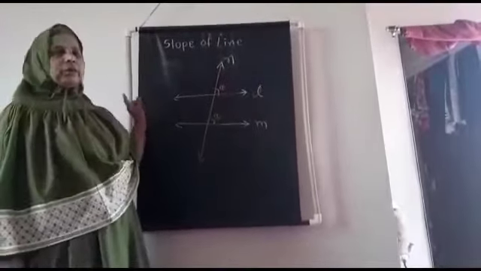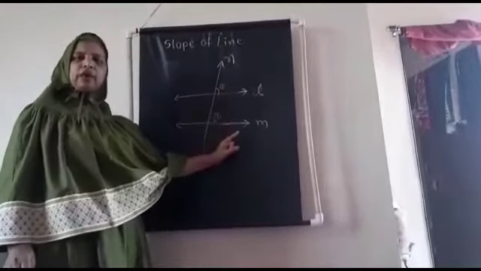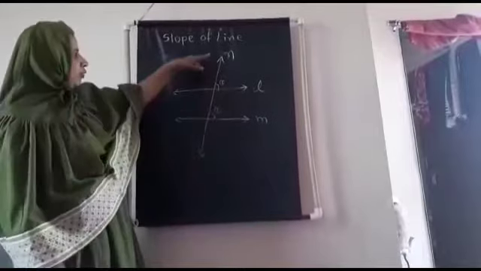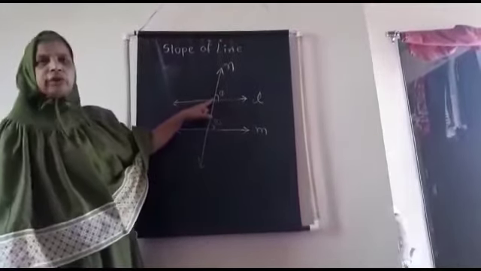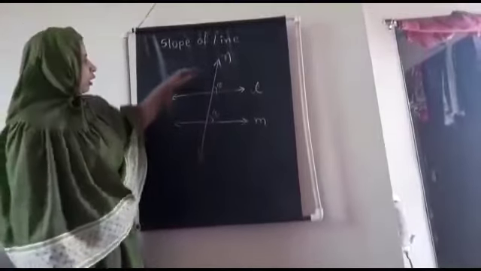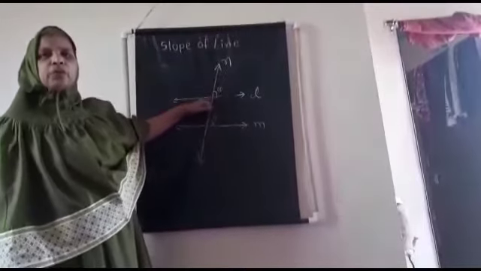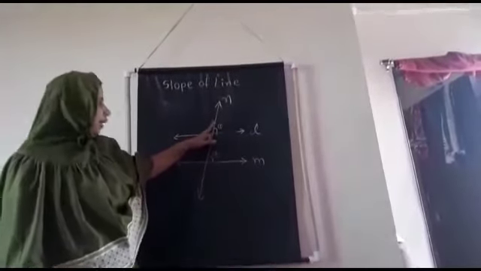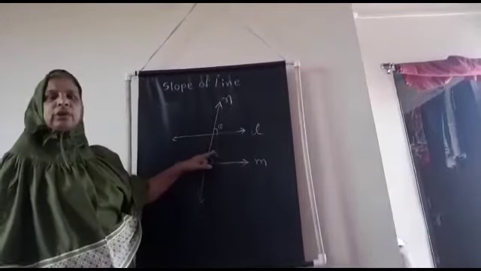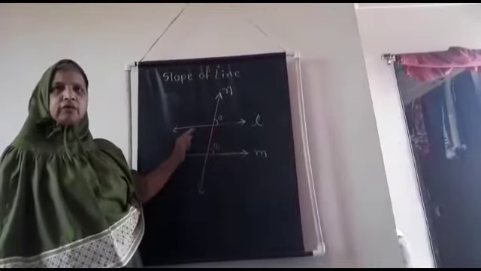Now here three lines are there. Line L and line M are parallel to each other, and line N is a transversal. This transversal intersects line L at one point, and line M at one point. So here an angle theta is formed, which is a corresponding angle, and corresponding angles are congruent. Since the corresponding angles are congruent, their tan theta value is also equal.